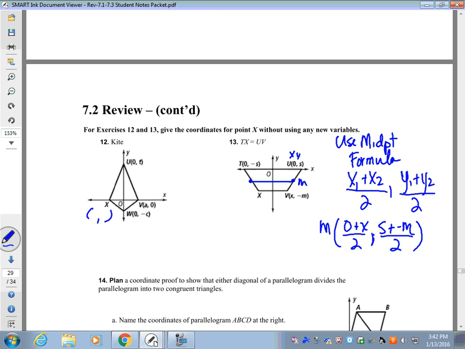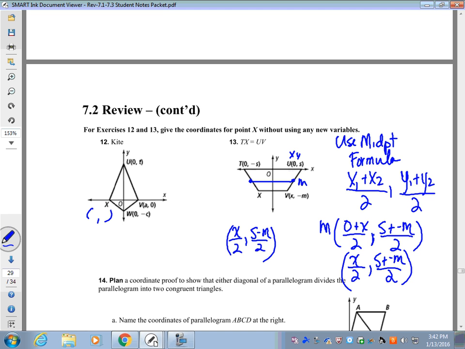Then I'm going to combine my like terms. 0 plus X is just going to be X over 2. S and M are not like terms, so I keep that as S plus a negative M divided by 2. Or I could write it as X over 2, comma, S minus M over 2.